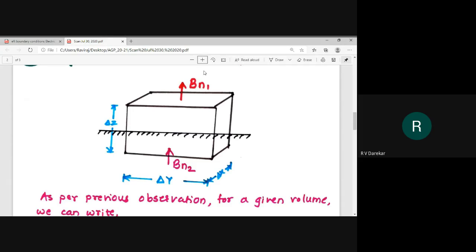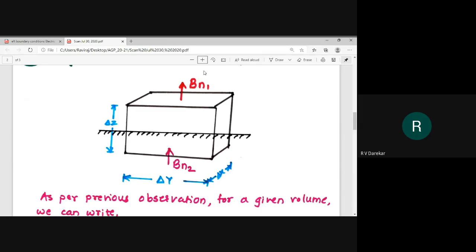The answer is, whenever an electromagnetic wave is present in only one medium, there is no change in its behavior, because it has the same value of conductivity, the same value of permittivity, and the same value of permeability. That is, it has the same value of sigma, the same value of epsilon, as well as the same value of mu. Therefore, there is no major change that can be considered.